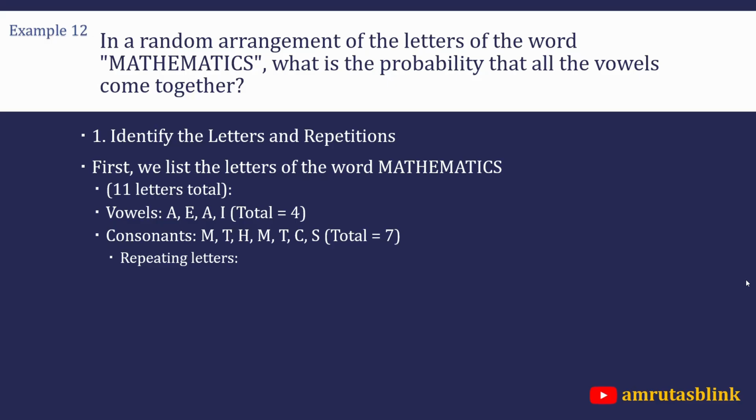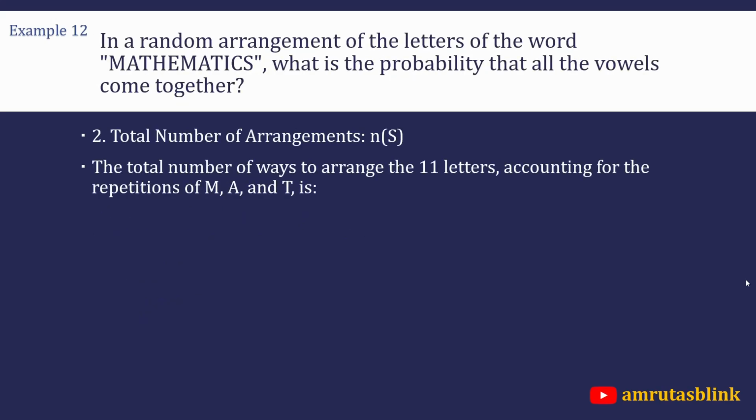But out of these 4 vowels, A is repeated, and out of these 7 consonants, M appears twice, T also appears twice. From the 11, there are a total of 6 letters which are repeated: M twice, A twice and T also twice.